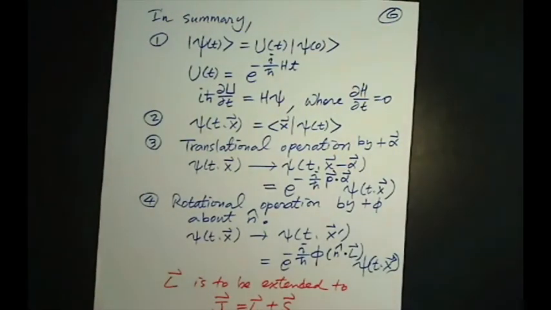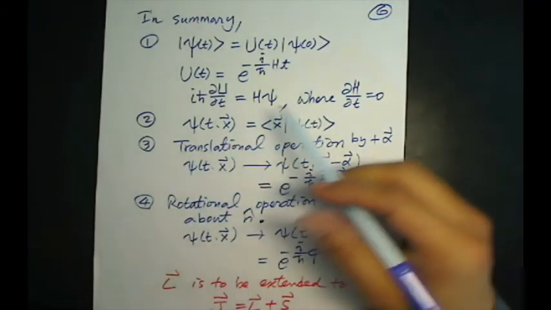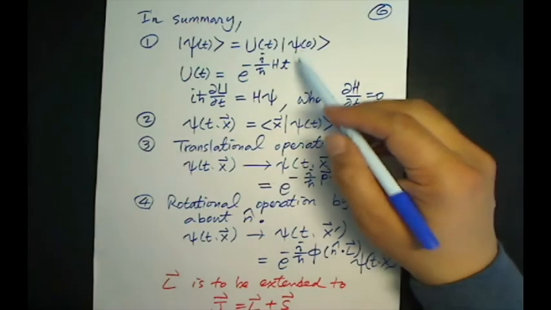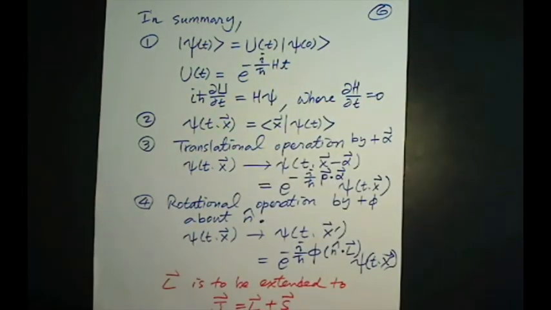In summary, we have studied that the time-dependent state ket in the Schrödinger picture can be expressed as the product of the time evolution operator and the initial state ket at t equals 0. This is called the time evolution operator when the Hamiltonian does not have any explicit time dependence.